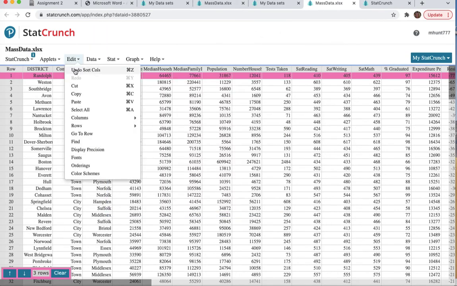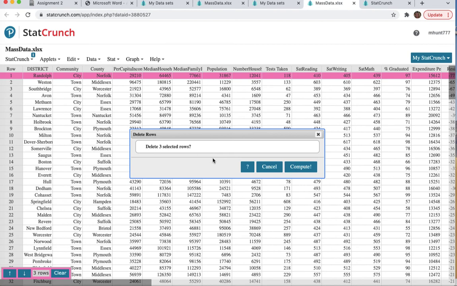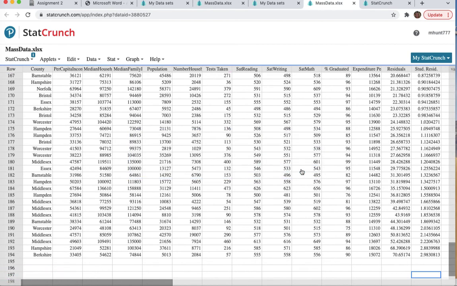Okay, so I want to go into Edit on the StatCrunch menu, and then I want to go to Rows, and I have the 3 rows highlighted. I want to delete them. Delete the 3 rows. Yes, compute.